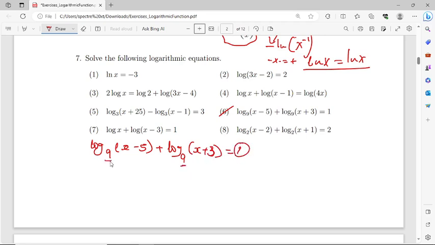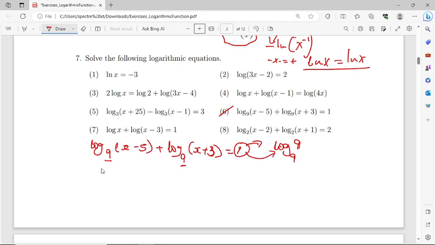Make sure that the bases are always the same. So if you convert 1 under base 9, it is the same as log 9 under base 9. So any number, log a base a is 1.